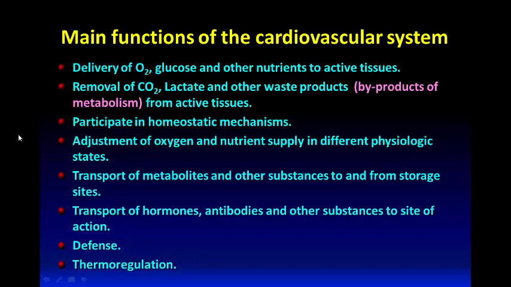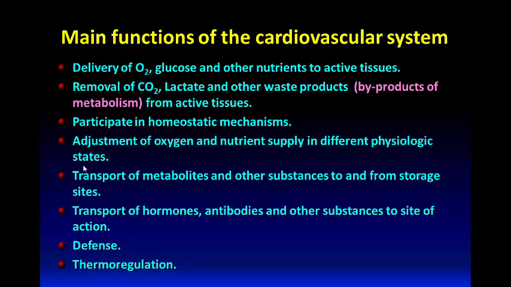Interestingly, the cardiovascular system not only delivers oxygen, glucose, and other nutrients to the active tissues, but it adjusts the supply of oxygen and nutrients to the tissues in different physiological states.